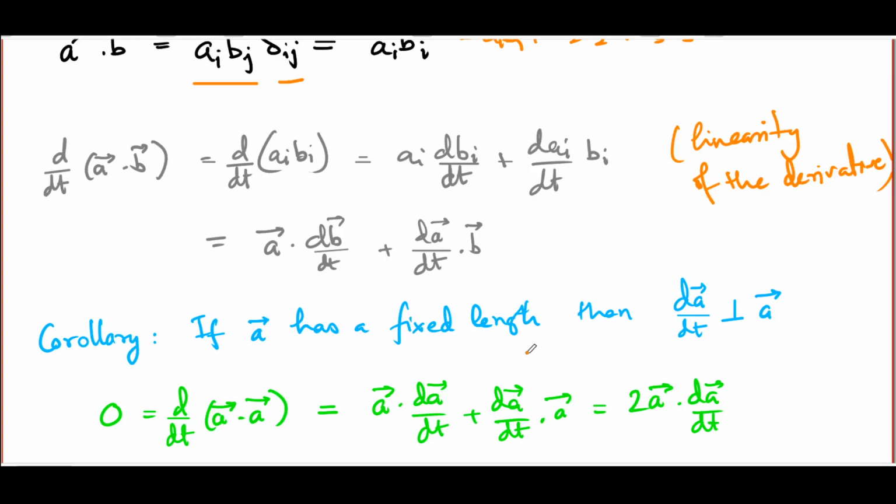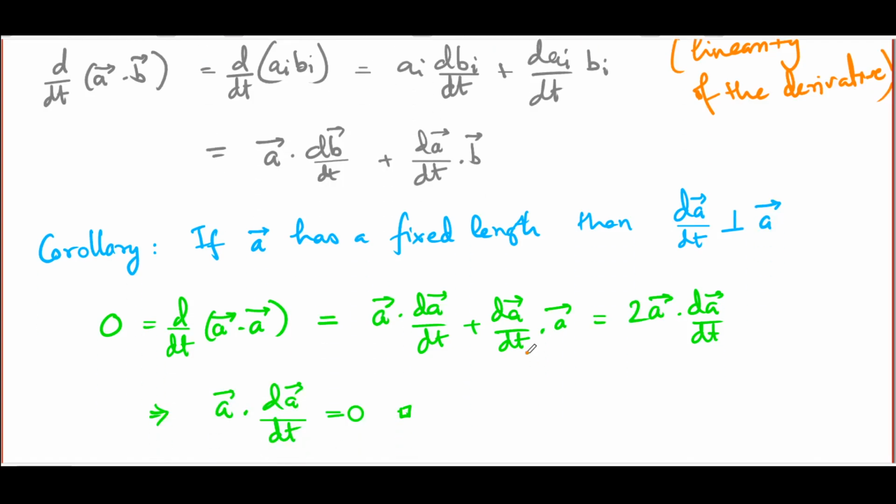So let's talk about the derivative of a dot a, which is of course the length squared of A, and the derivative of that has to vanish if the length of A is fixed. So d/dt of a dot a, which is 0, has to be the same as a dot dA/dt plus dA/dt dot a. That's twice a dot dA/dt. And if this is 0, this means a dot dA/dt is 0, and hence a and dA/dt are perpendicular to each other. Unless, of course, dA/dt vanishes.